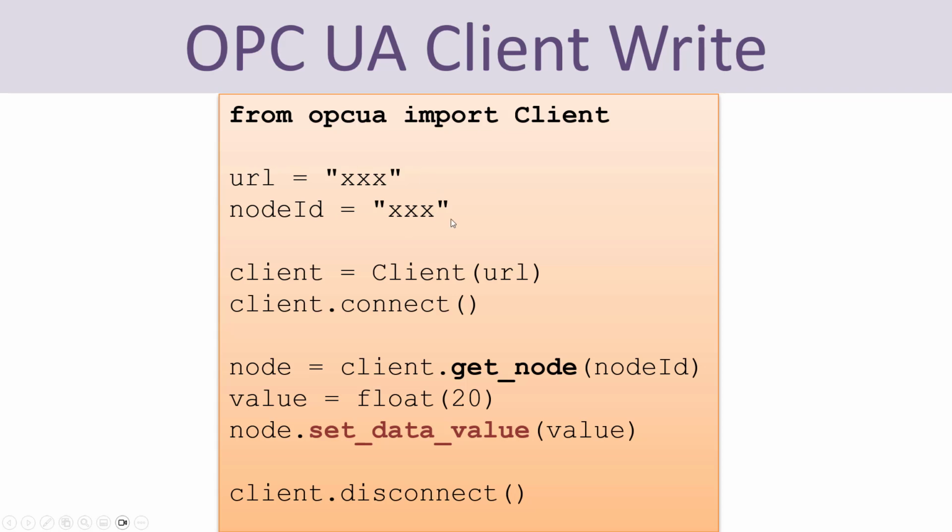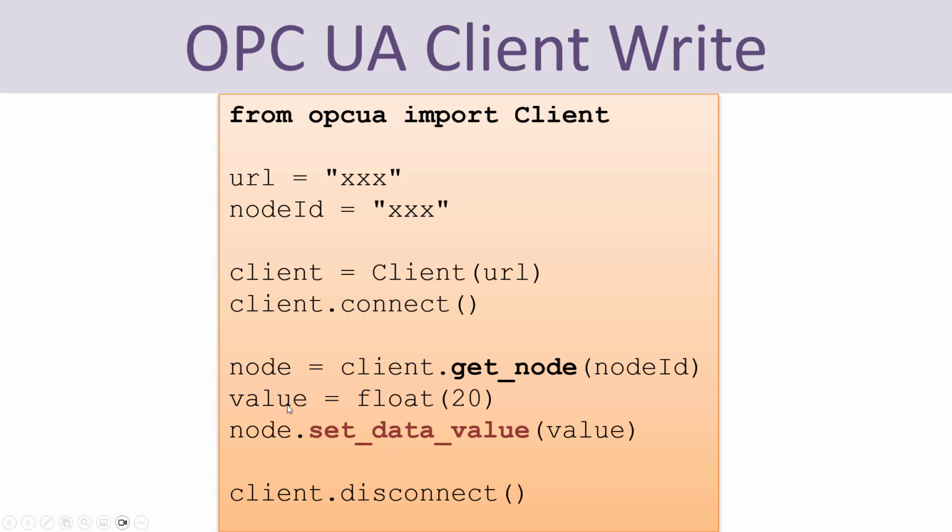This is information from the OPC UA server that we need to specify. And then we need to create a client object and connect to the server, which is specified here in the URL. Then we can use this method that is part of this OPC UA Python package, get_node, in order to just create a node object.